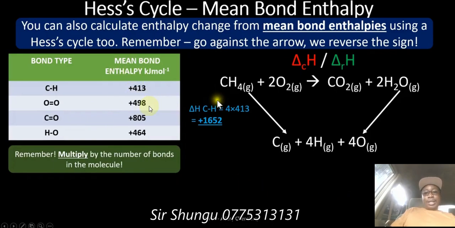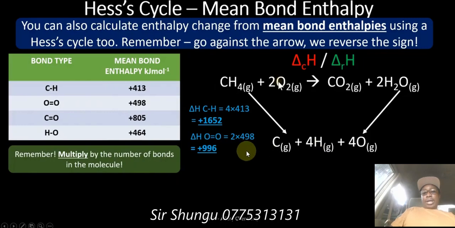Mean bond enthalpies. So if you're given mean bond enthalpies, then in this case we see that we have our methane here, and these are constituent elements that can be used to form our methane, and our water. These are also constituent elements here.